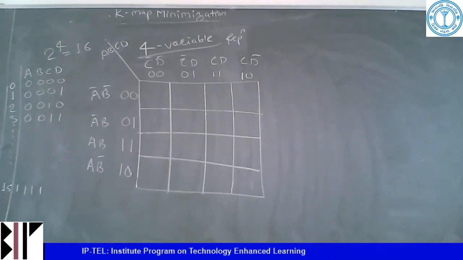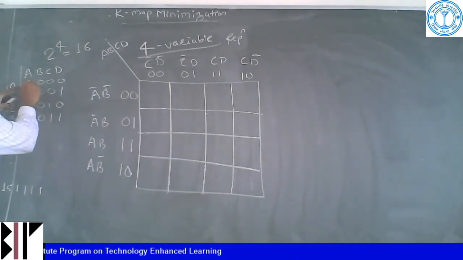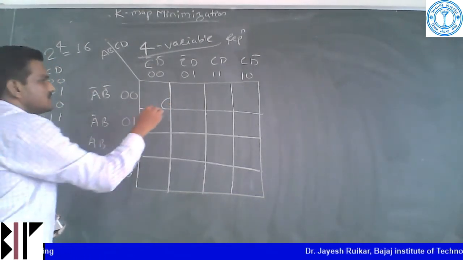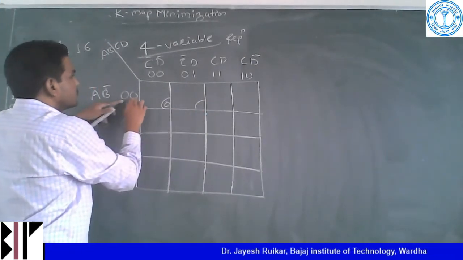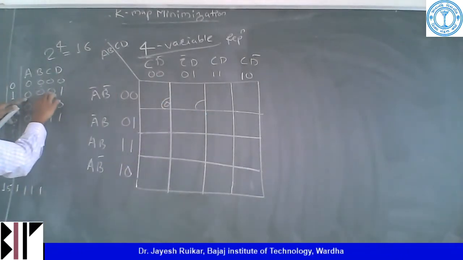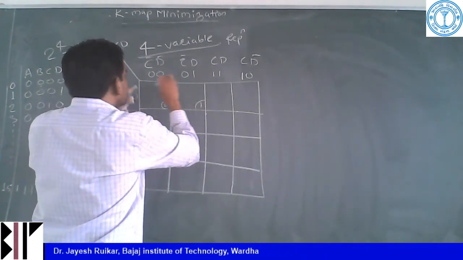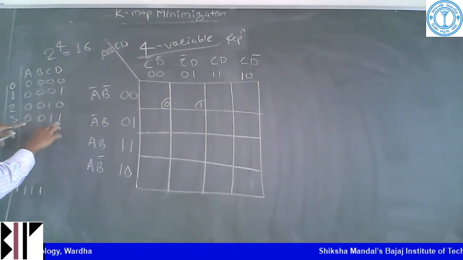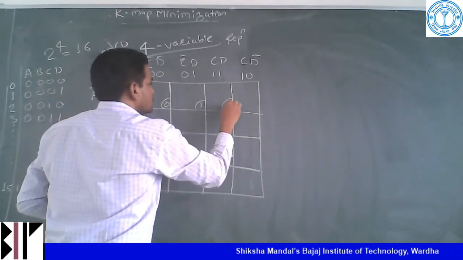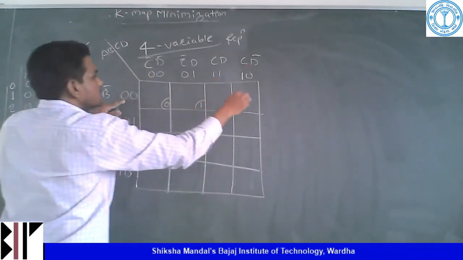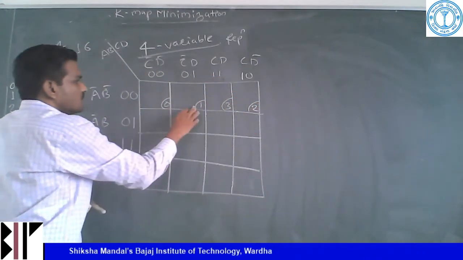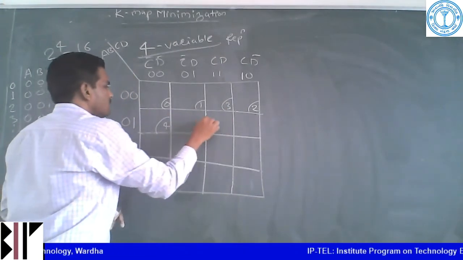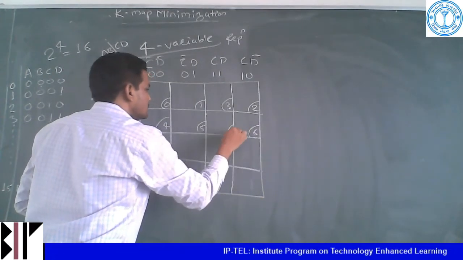So you can simply write down the cell numbers: 0, 1, 2, 3, then 4, 5, 6, 7.